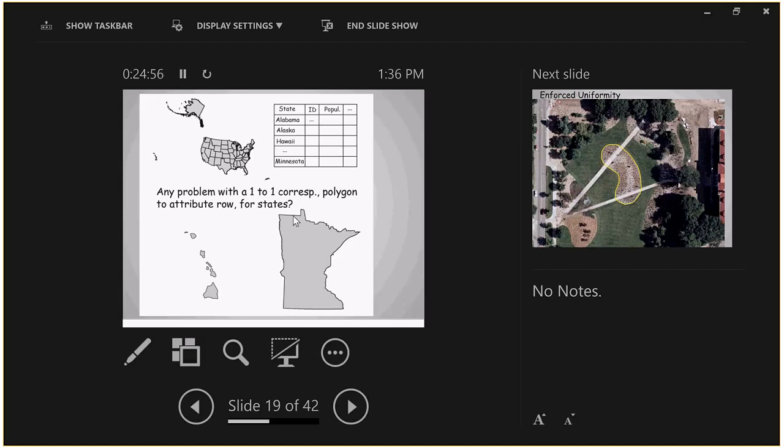It doesn't have any other weird things. And technically, this lake is in Minnesota. It's just not part of the land. But a place like Hawaii has multiple polygons associated with it. And that's not a problem for GIS. GIS will allow you to store multiple polygons in the same row in an attribute table.